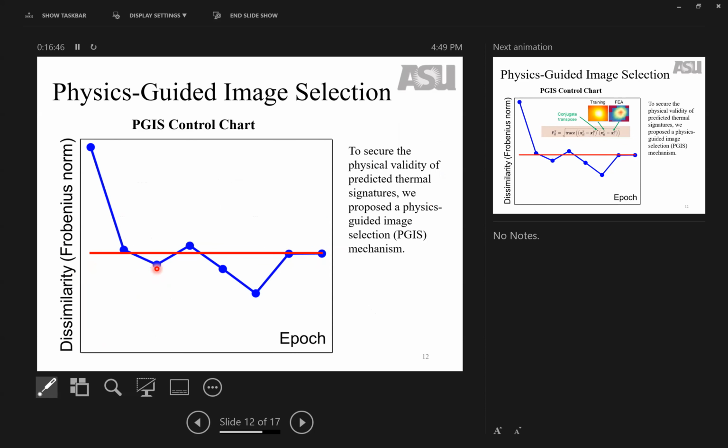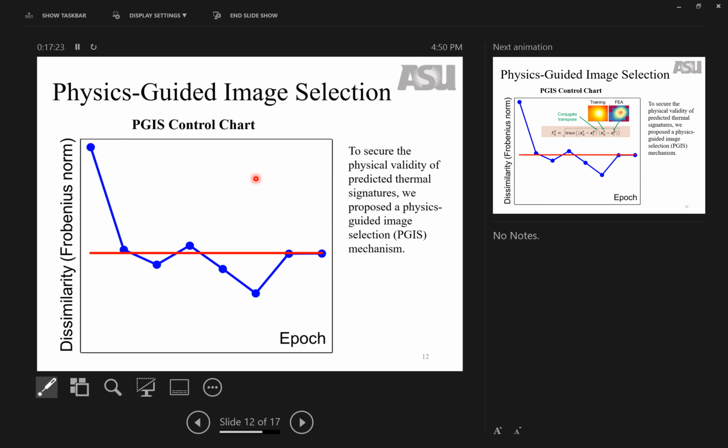That is the physics-guided image selection. Think about this. The LMBCG model I just proposed is purely data-driven. It is trained with all the imaging data, and it respects the fundamental layering effect in LMD. But ultimately, it still synthesizes images from some noise data, and we would be concerned whether the generated thermal signatures are fully physically valid.